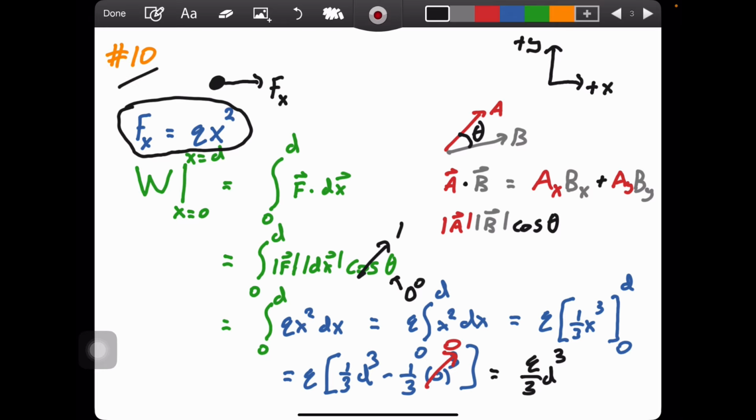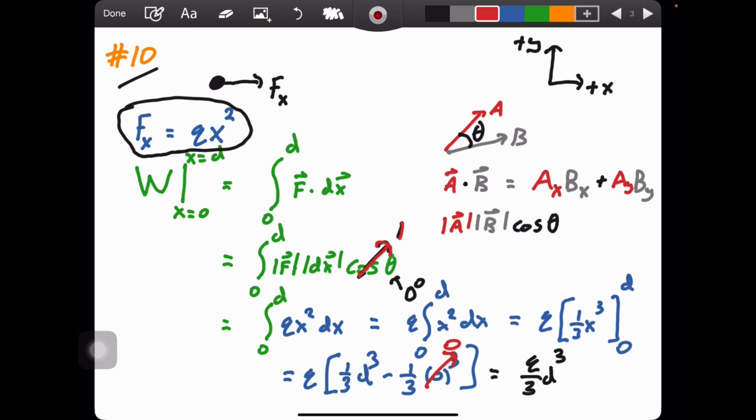And since the work integral involves a dot product, we need to think about the angle between the applied force and the displacement. And since in this case the applied force and displacement were parallel, that meant that our cosine theta term goes to unity because the angle between the two vectors is 0.